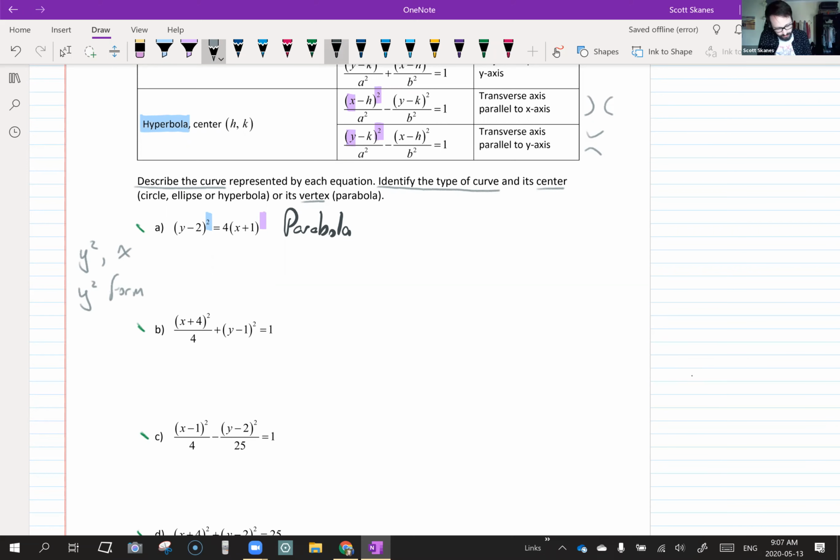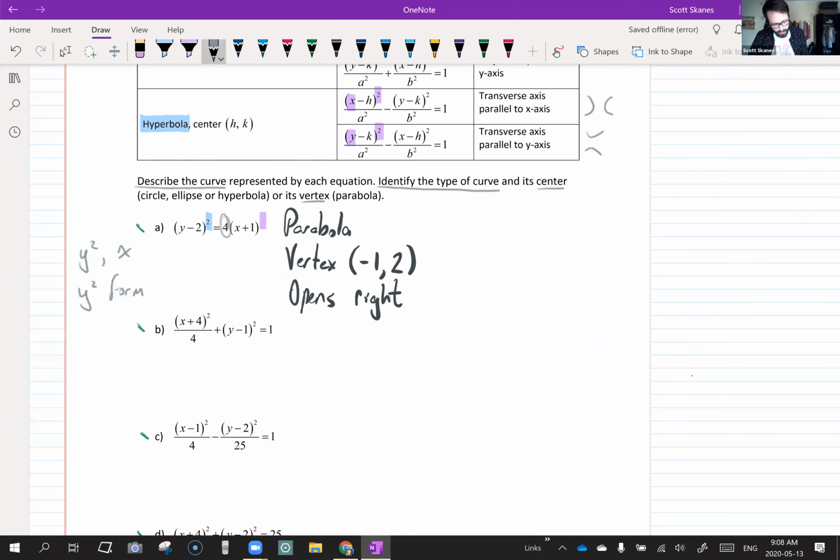If this is y squared form and this is a positive number, it's going to open to the right. So it's a parabola. Let me just note the vertex before I write that. What's the vertex? It's h then k, the x one and the y one. So (-1, 2). And it will open to the right.